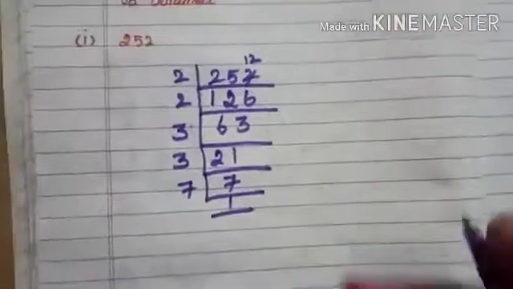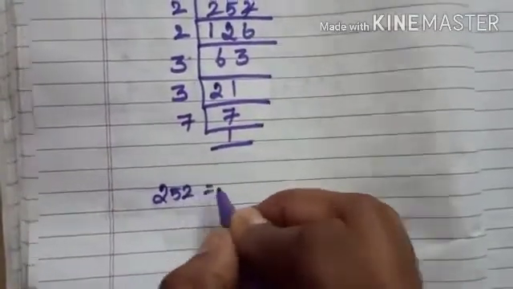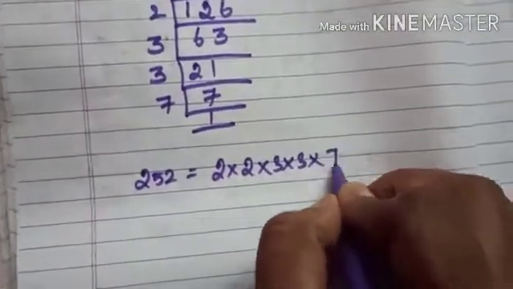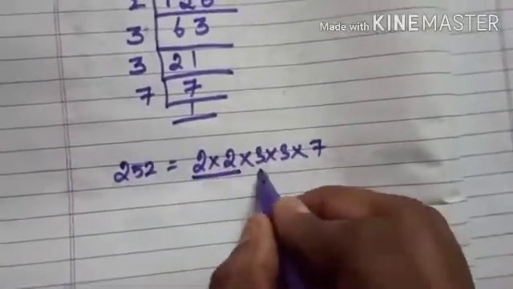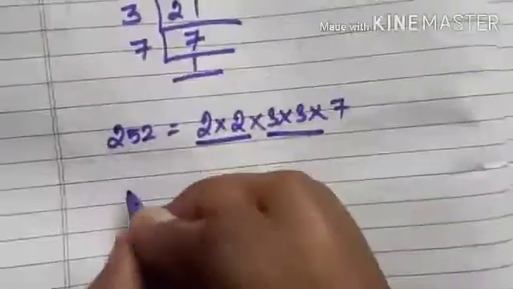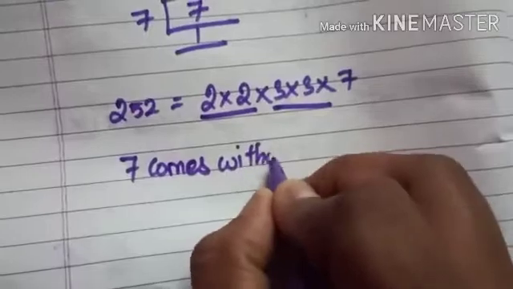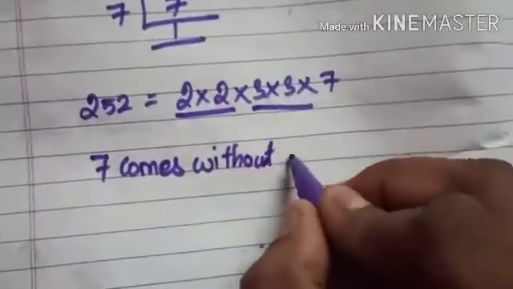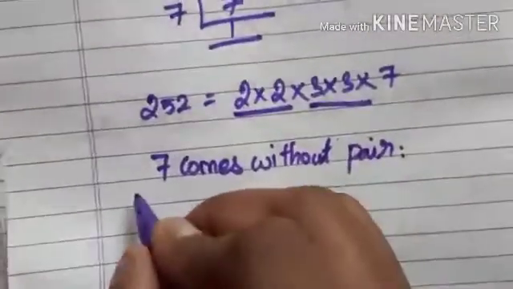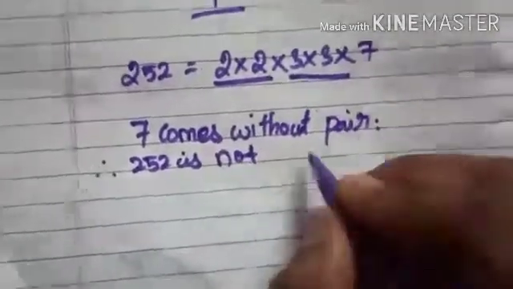So 252 is equal to 2 into 2 into 3 into 3 into 7. Now you make a pair. Here 7 comes without a pair. Therefore 252 is not a perfect square.